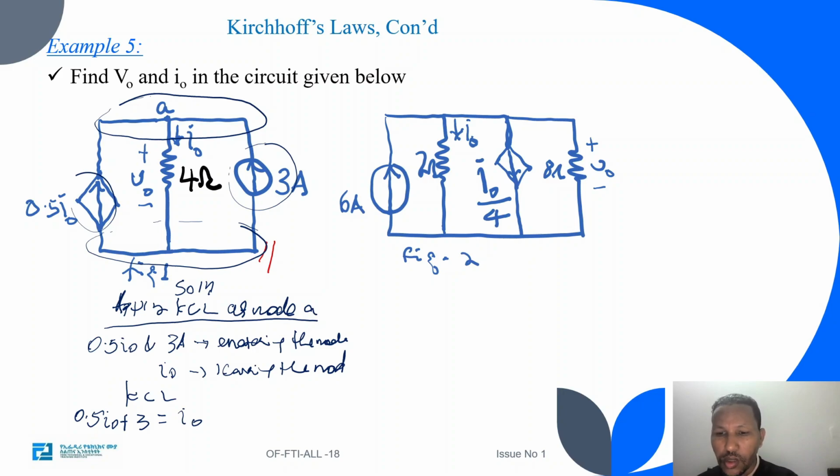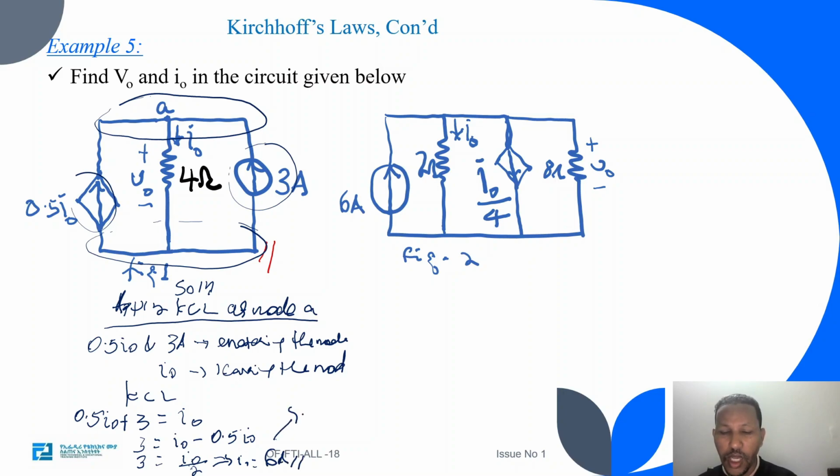So 3 equals I naught minus 0.5 I naught, which is I naught over 2. From this, I naught equals 2 times 3, which is 6 ampere.